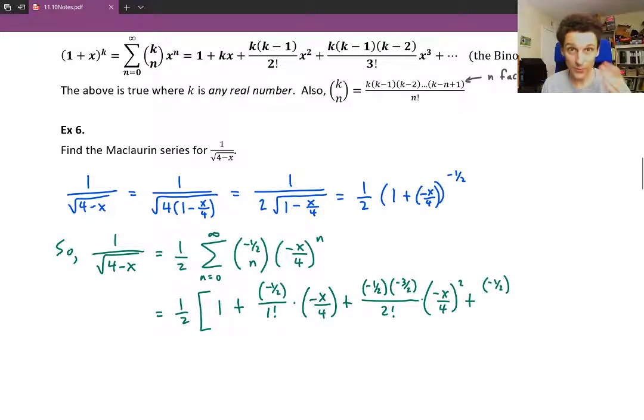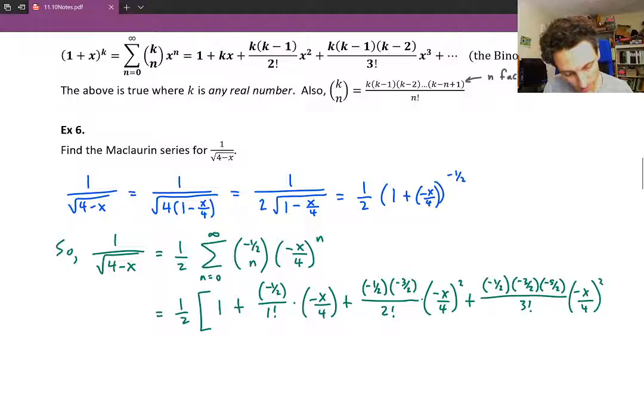Now we're going to have 3 factors on the top, negative 1/2, negative 3/2, negative 5/2 over 3 factorial. We have negative x over 4 to the 3rd. And this goes on and on, but let's just write out the first few terms.